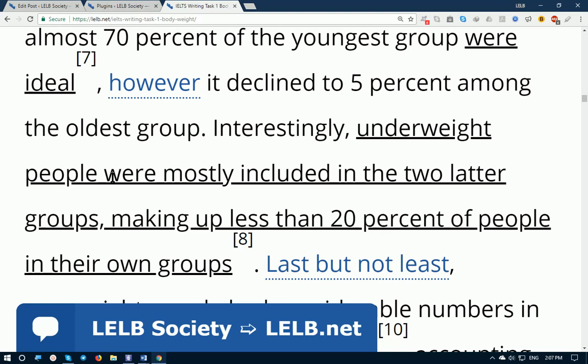So mostly is not a good adverb here, nor is making up 20%. It's also not accurate, because the photo that I showed you at the very start of this presentation showed that it was included up to 5 or 10%, not 20%.